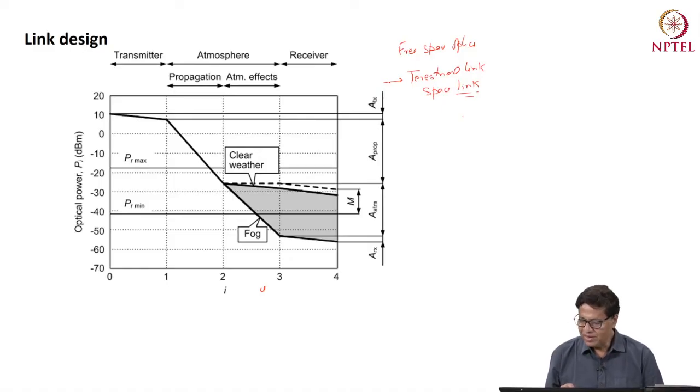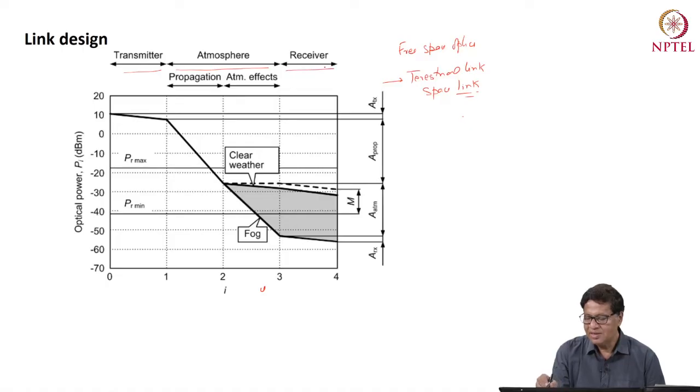So before we understand those numerical examples, let us try to understand using this slide what are the things which are involved in link design. As you know, the link design consists of one transmitter, then there is atmosphere, and atmosphere will have propagation loss and also loss because of the atmospheric conditions or because of the environment.